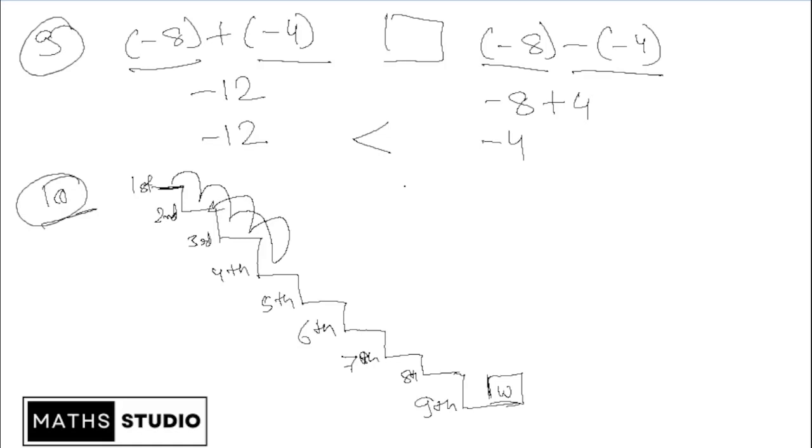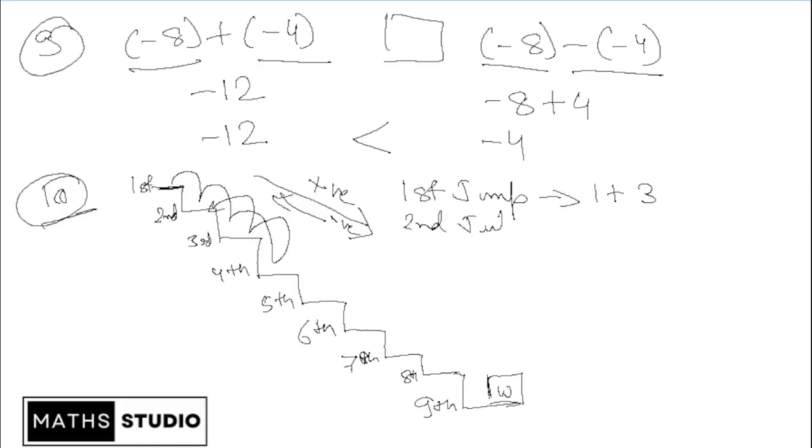So after the first jump, suppose this is a number line, I can represent the downward movement as positive and the upward movement as negative. After the first jump, he will be at stair number 1 plus 3, and after the second jump he would be at 4 minus 2, that is 2.